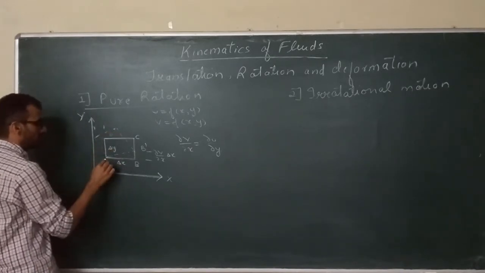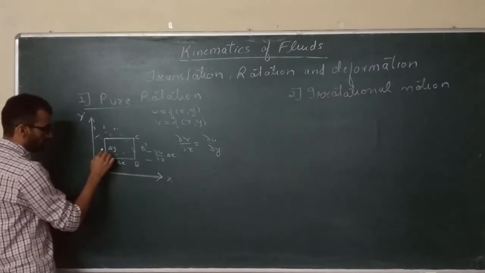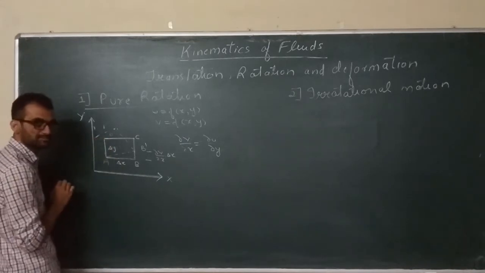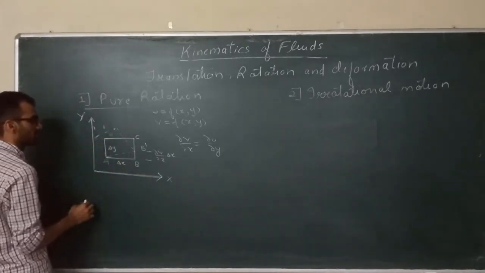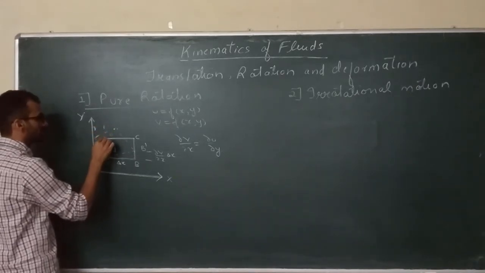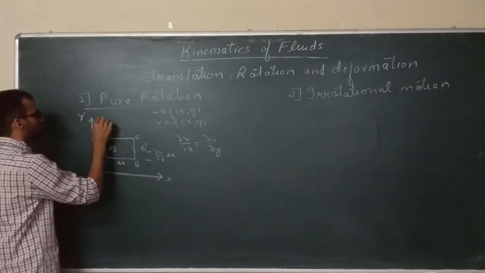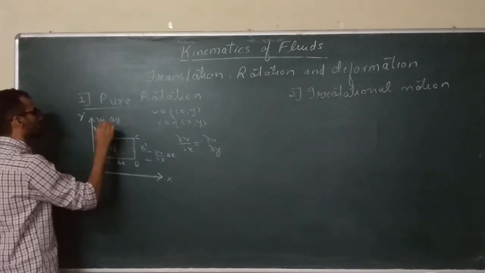This is the segment AD. The gradient of horizontal velocity with respect to y should be negative. We have seen last time that this extra displacement is del u by del y into delta y.